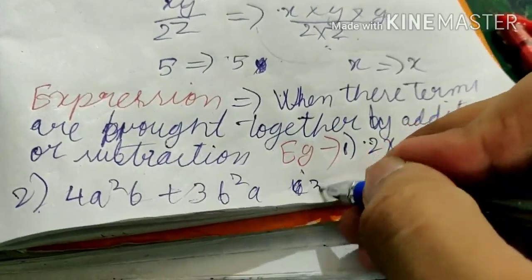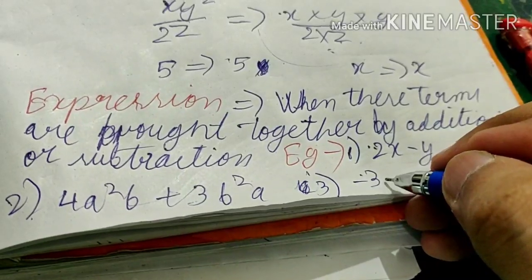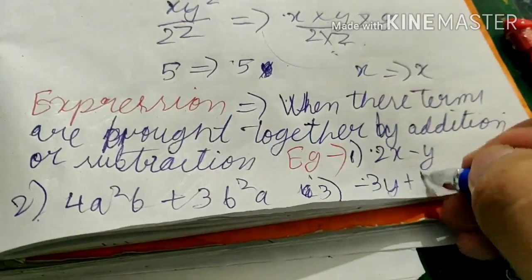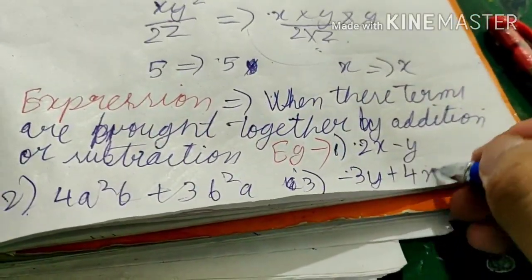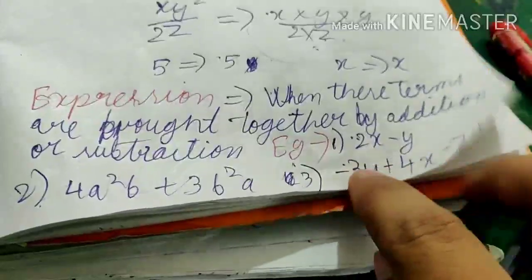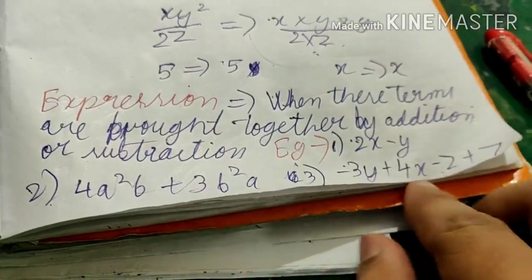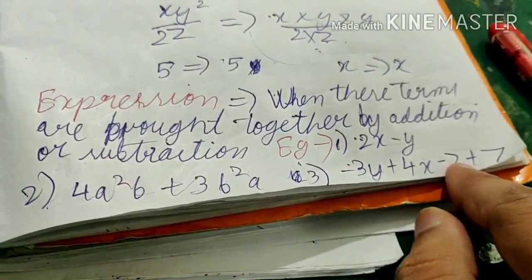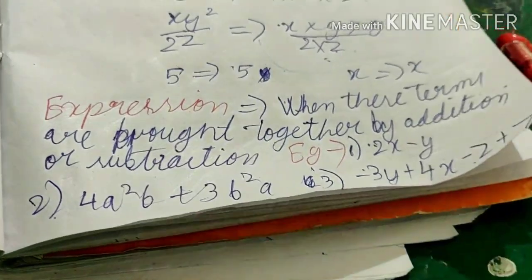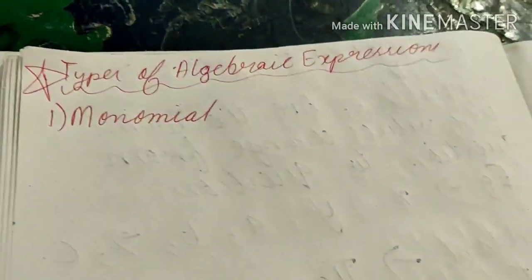Or third example here is, take it, minus 3y plus 4x minus z plus 7. Here 1, 2, 3 and 4 terms are present in addition and subtraction. So this is also an algebraic expression. Okay, here we are seeing the types of algebraic expression.